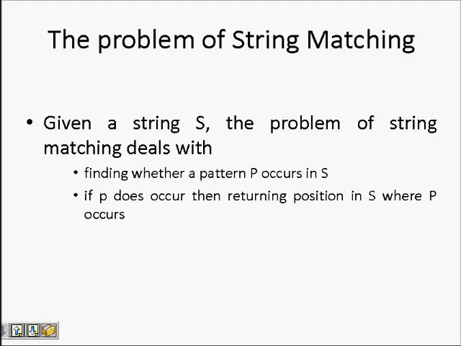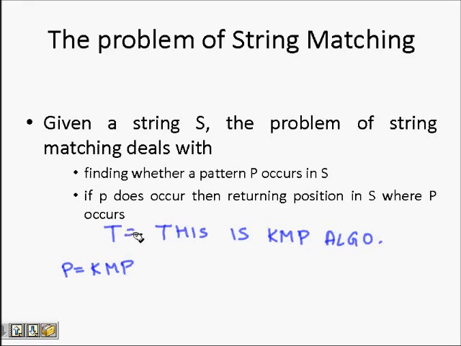For example, if this is the text and I ask you to find whether the pattern P equal to KMP is there in this string T, then you are going to search for it, and this is our problem which KMP is going to solve very efficiently.